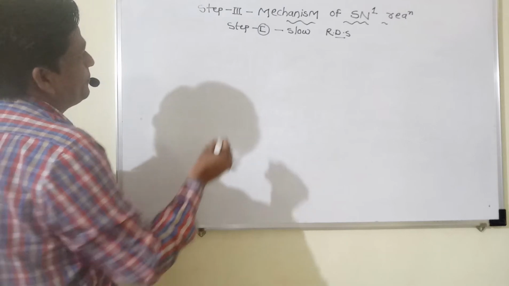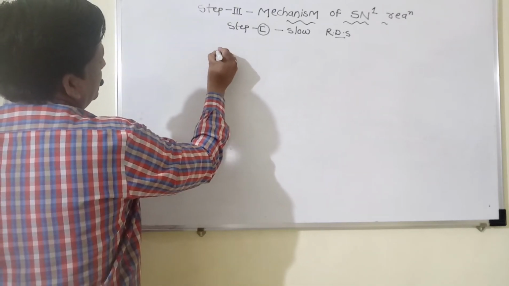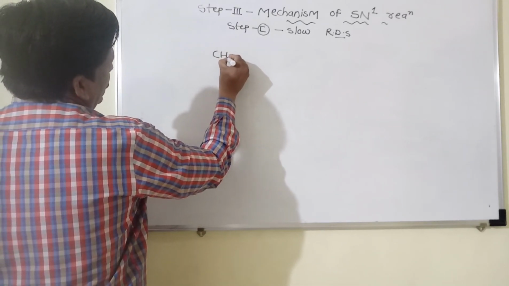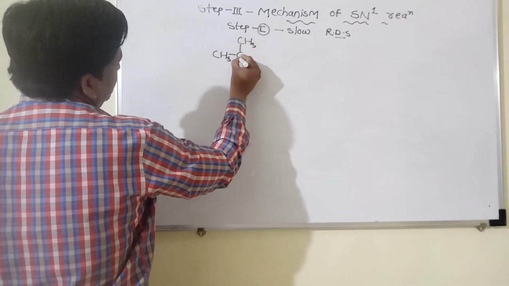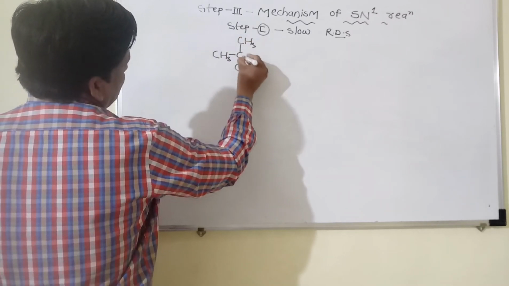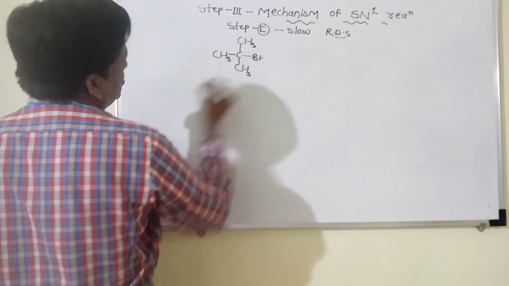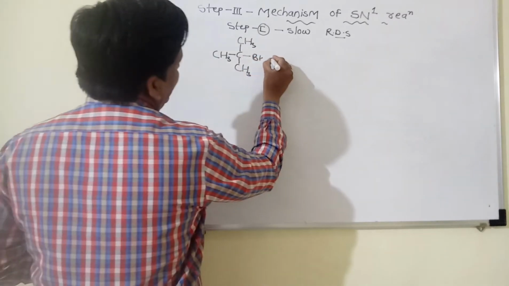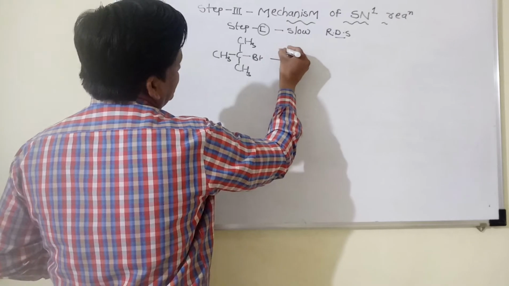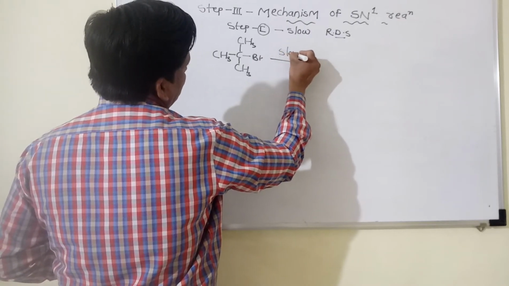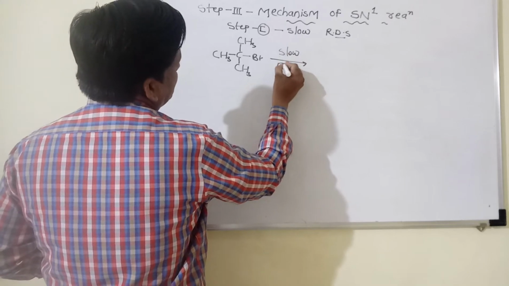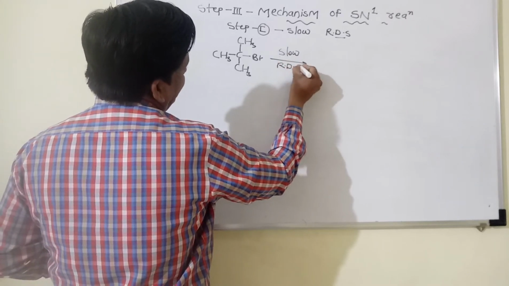Here we see in the first step, whatever tertiary butyl bromide you have to use, CH3, CH3, CH3 and Br. This is the structure of tertiary butyl bromide. Step first is a slow step, and this is the RDS, rate determining step.